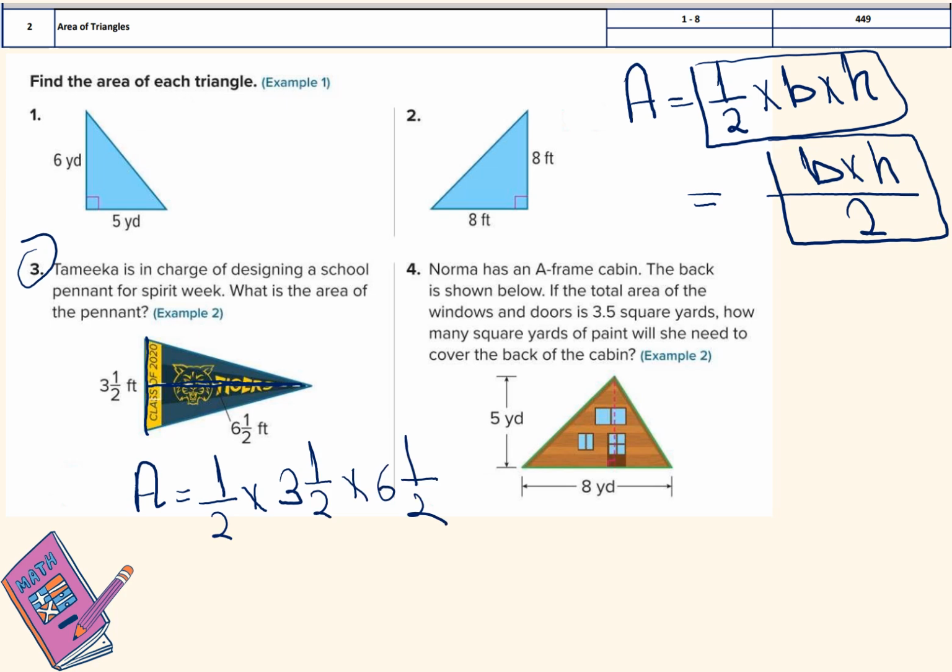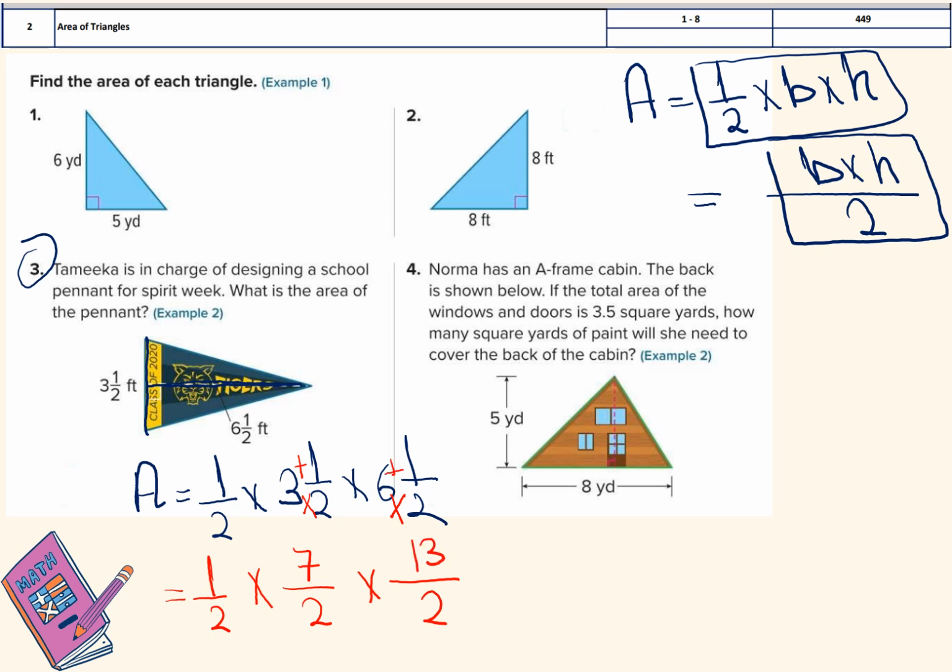Since we have mixed numbers here, I prefer to change them to fractions. So half times, the denominators will stay the same. We are going to multiply the denominator by the whole number, then we're going to add the numerator. So 2 times 3 is 6, plus 1 is 7. 6 times 2 is 12, plus 1 is 13.